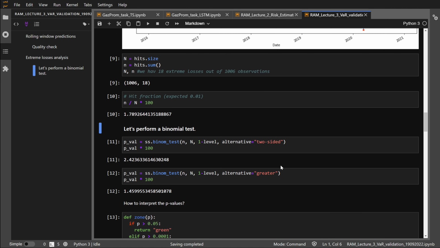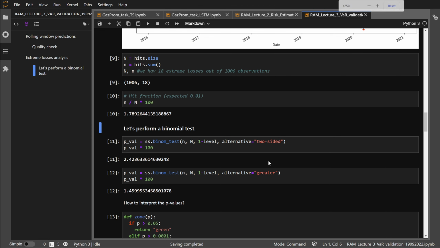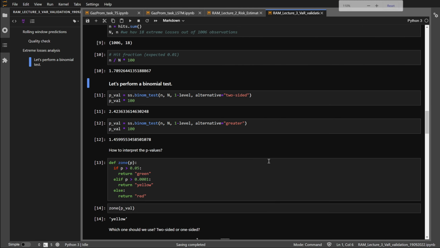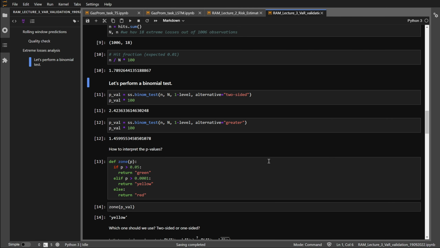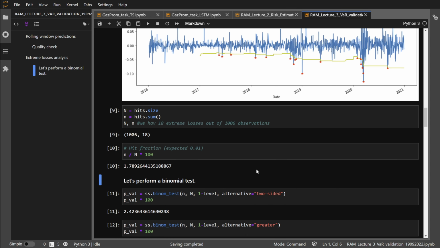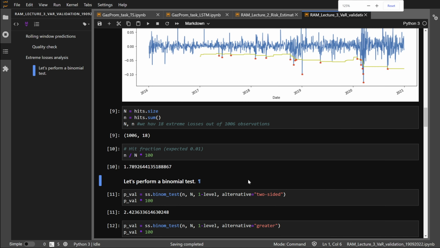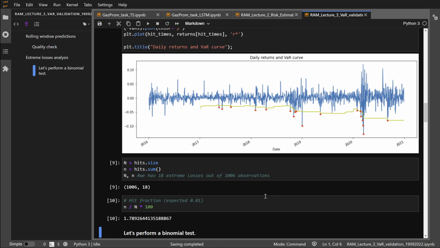So you can call the binomial test and run it in two specifications. One of them with a two-sided alternative hypothesis, and another one with a one-sided. So what is the null hypothesis of this test?